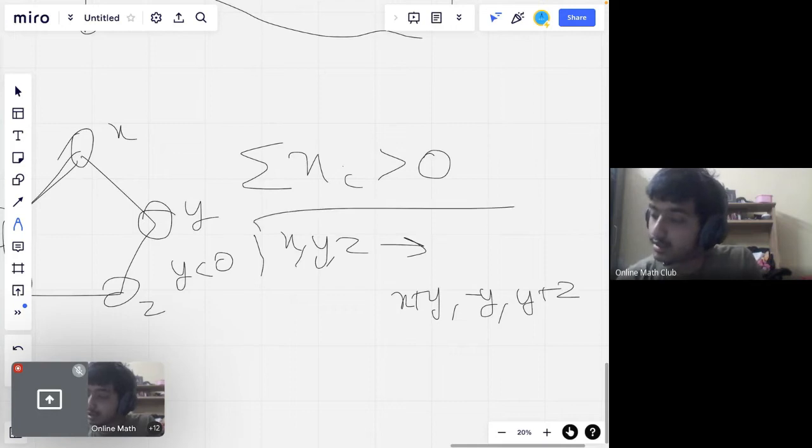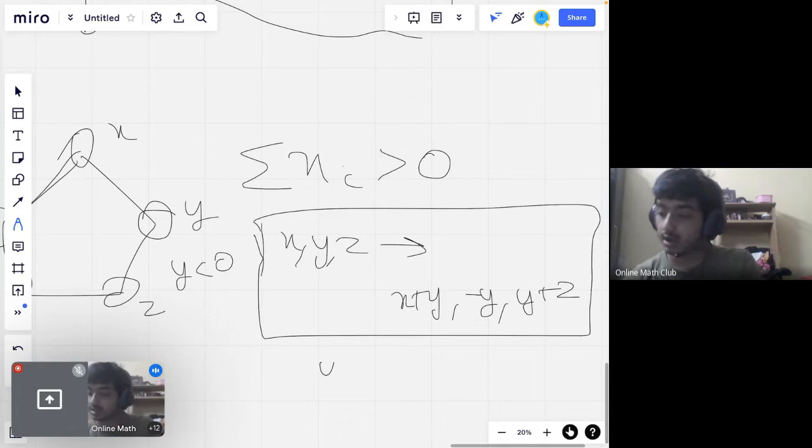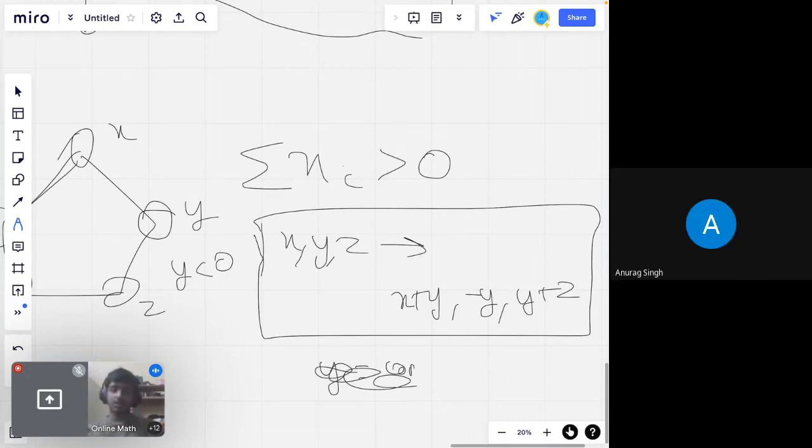Show that eventually you will not be able to do this process, or in other words, eventually all the five numbers become positive. Yes, all the 5 numbers become positive.